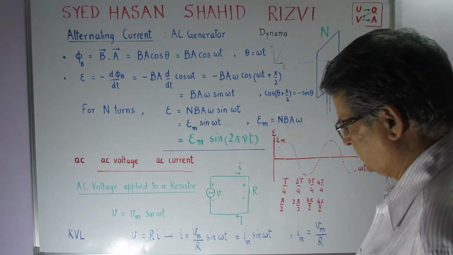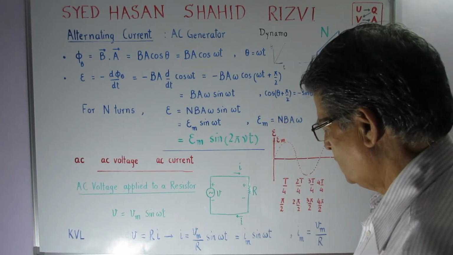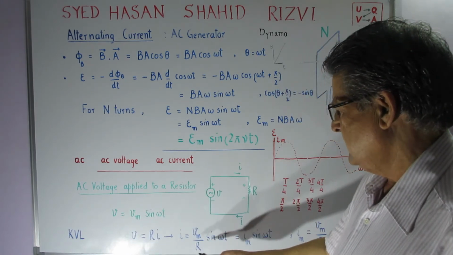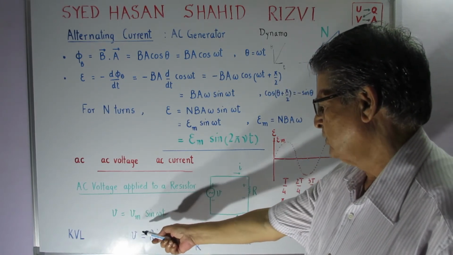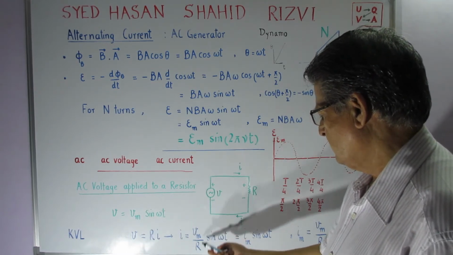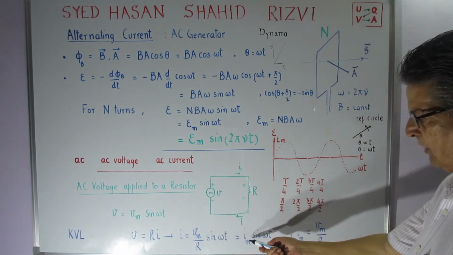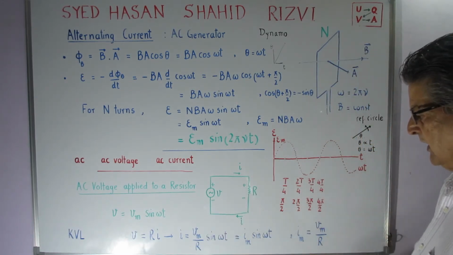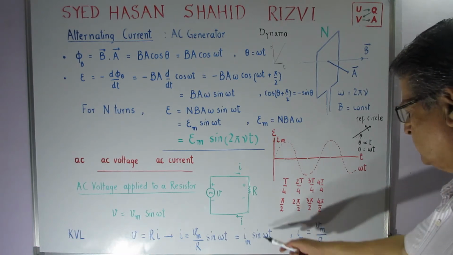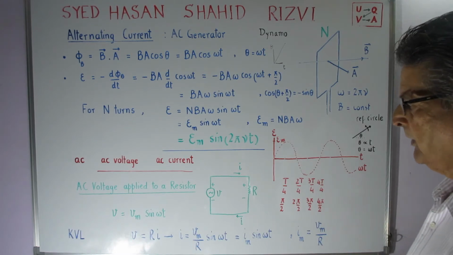We studied this and made a great name. So KVL, Ohm's law, and then the value of i turns out to be equal to V upon R. V is equal to Vm sin omega t divided by R. This gives Vm upon R sin omega t, which I will write as the maximum current into sin omega t. Im is equal to Vm upon R.